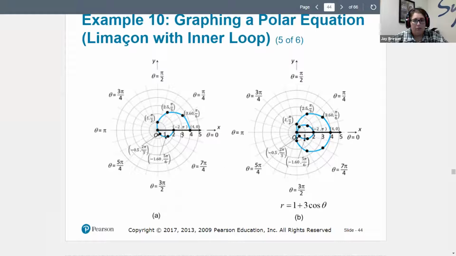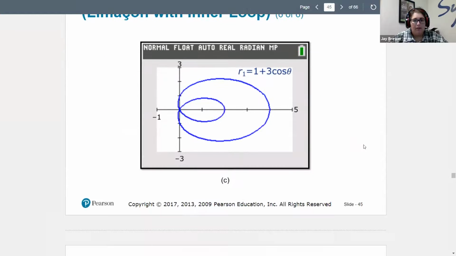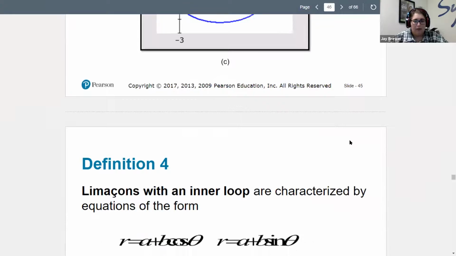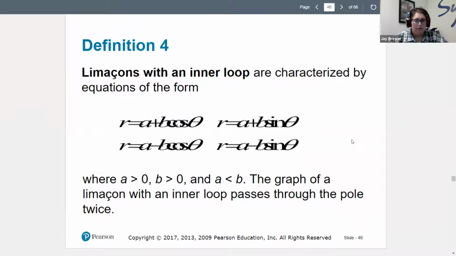They're showing you in pieces, the first half, and then they bring it all together. And then here's the graphical representation from the calculator. Again, I'm not going to require it unless it's required on the exam.